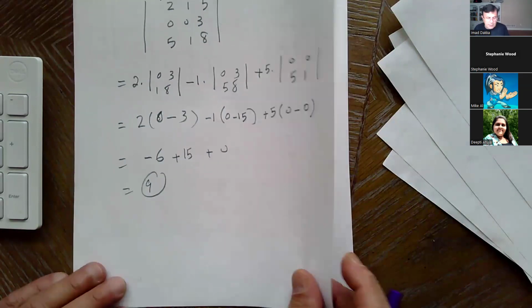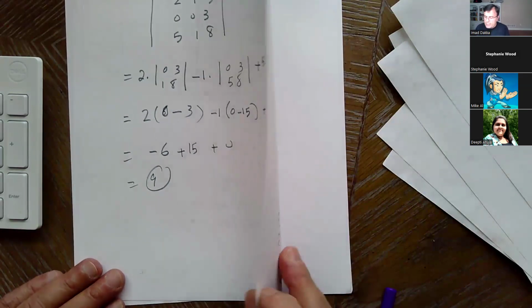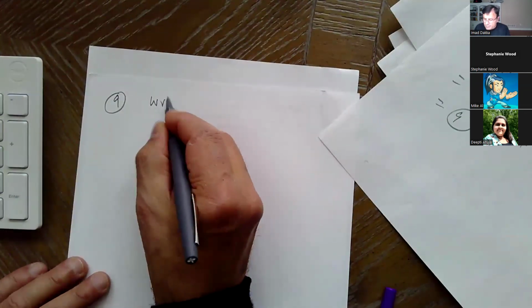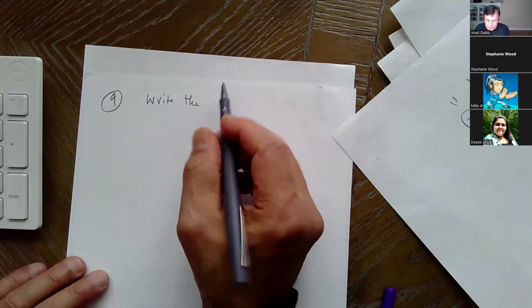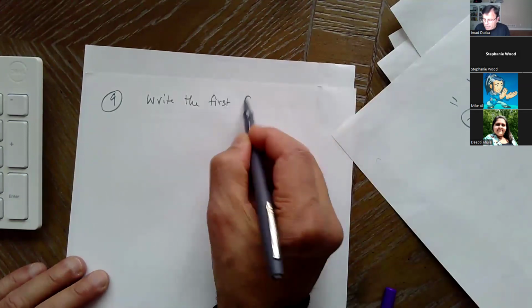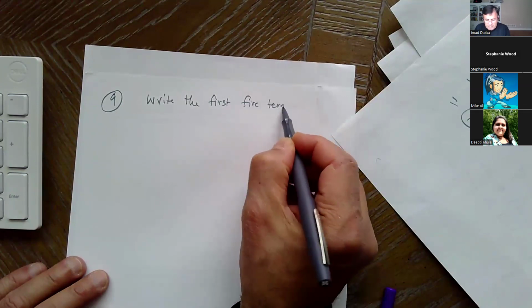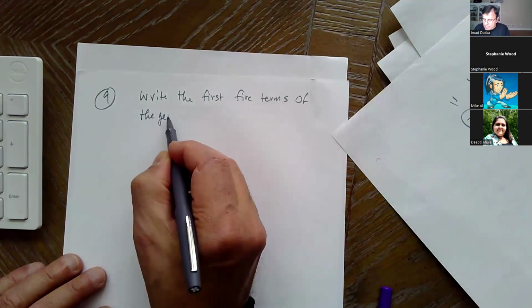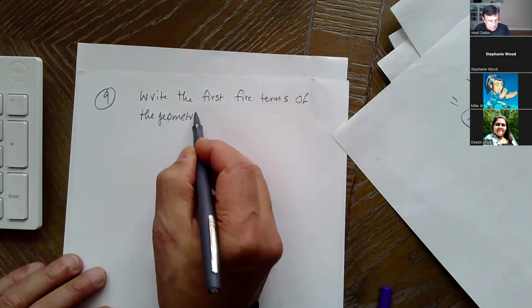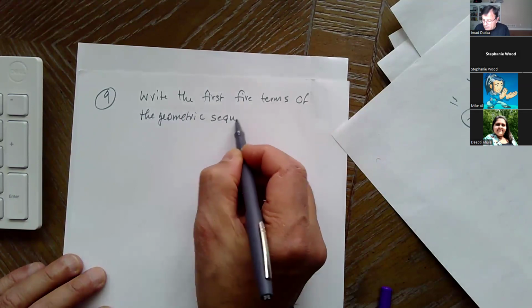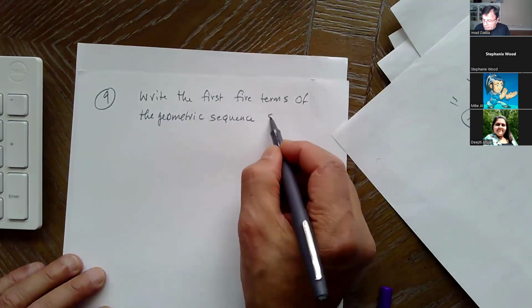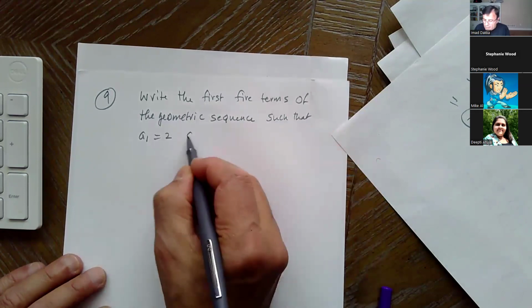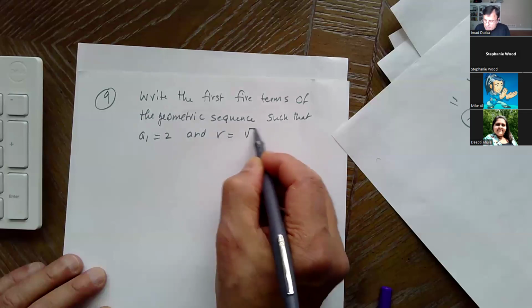Okay, next one is writing terms of a geometric sequence. So number 9, write the first 5 terms of the geometric sequence such that its first term is 2 and its common ratio is root 2.